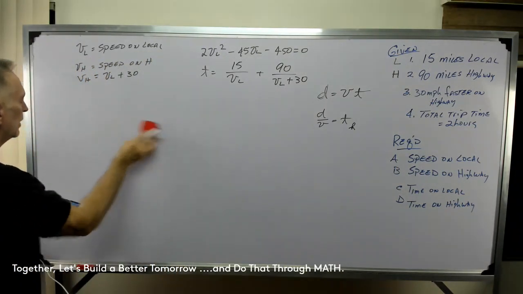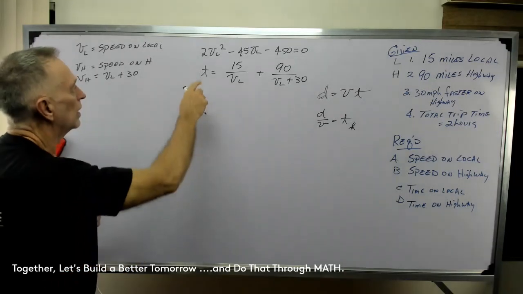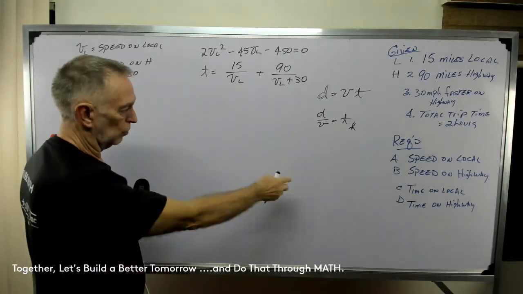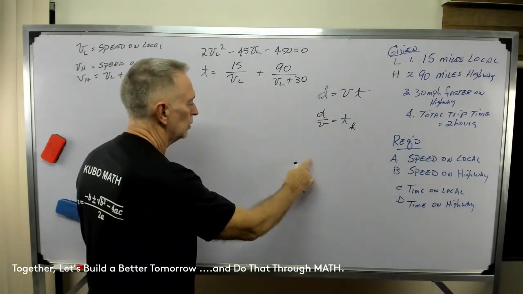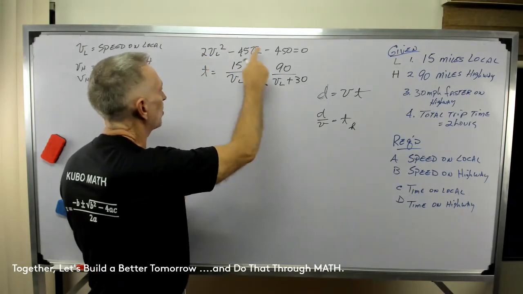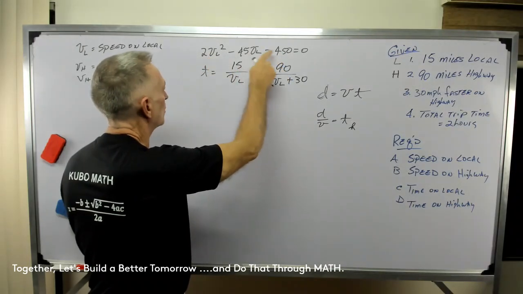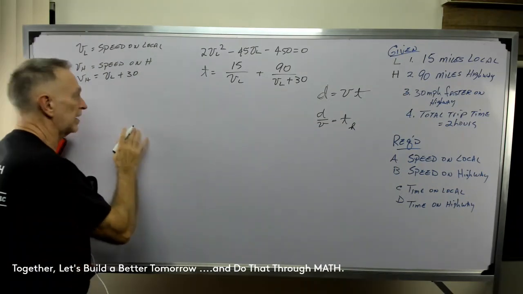All right. Now then, what I just did was multiply these two numbers together, and then factor that.